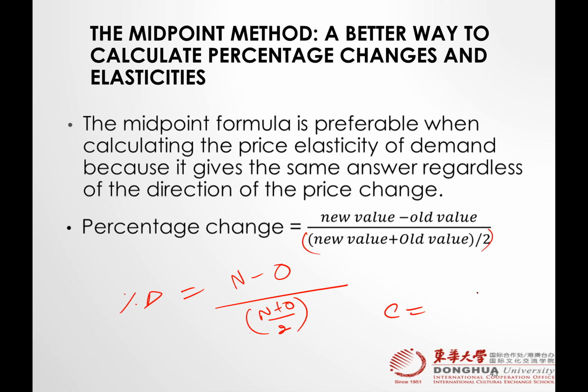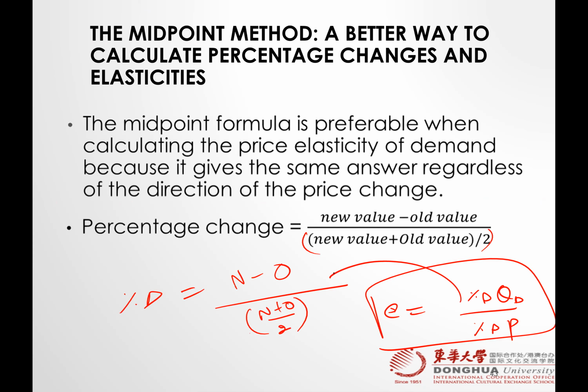So remember, from now on, the formula is the same. For elasticity, the formula is percentage change in quantity demanded divided by percentage change in price. The formula is the same, but how we calculate the percentage change? We calculate through the midpoint. So use this midpoint method of calculating percentage change, because it gives you a better way to calculate percentage change in elasticity.